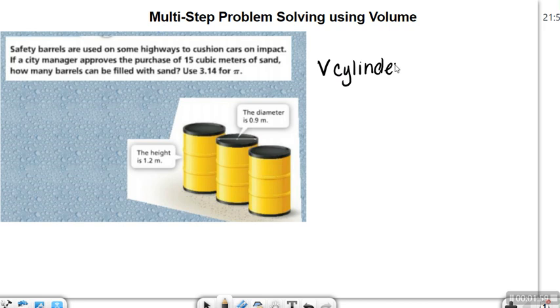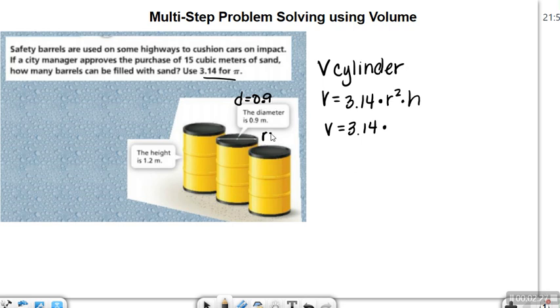So let's find that first. So our formula, let's write it down. Volume equals 3.14, because it says use 3.14 for pi, times radius squared times height. So now we're going to fill in our numbers. 3.14 times radius squared, and we only have diameter here. We have that diameter equals 0.9.